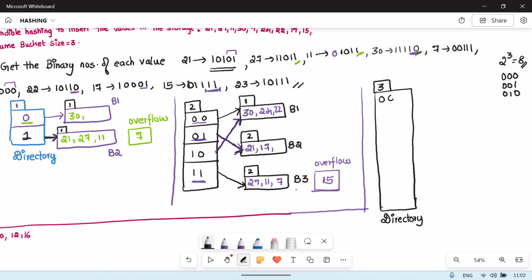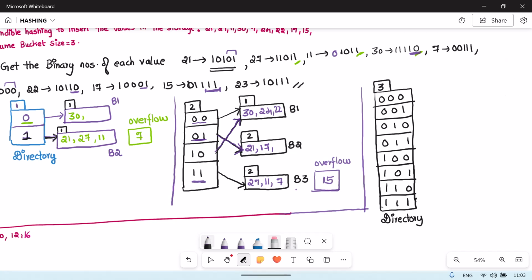So 0, 0, 0, 0, 0, 1, 0, 1, 0, 0, 1, 1, 1, 0, 0, 1, 0, 1, 1, 1, 0, 1, 1, 1. So this will be the 8 addresses.